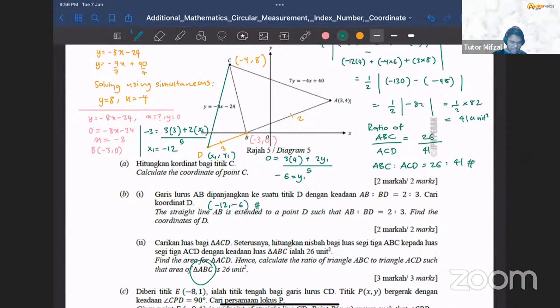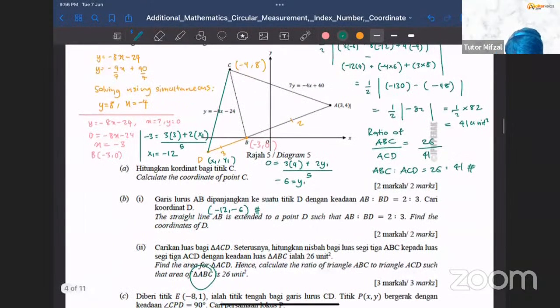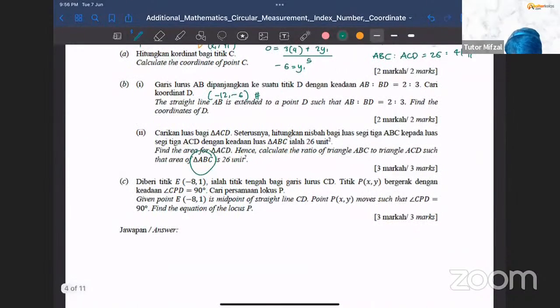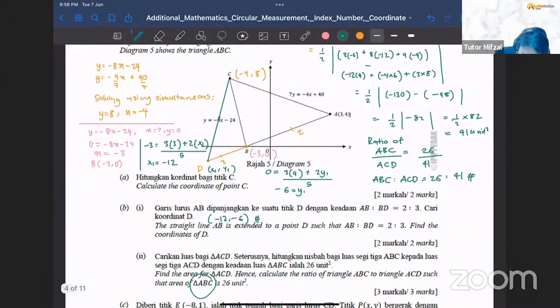Alright, last question C. Given point E -8, 1. Okay, where is point E? -8, 1 is the midpoint of straight line CB. Okay, so E is somewhere around here.